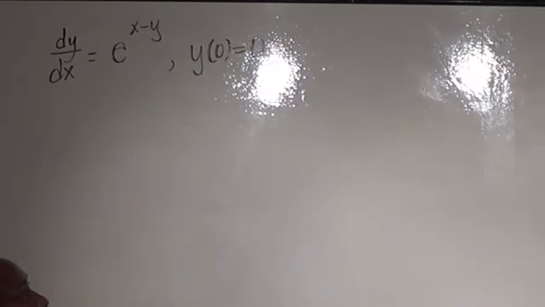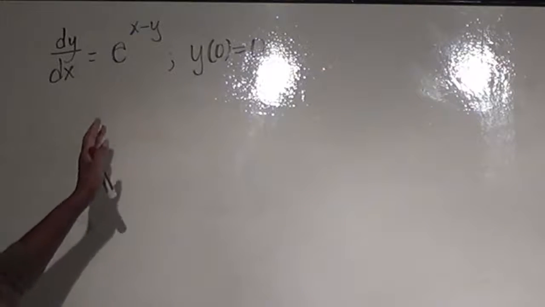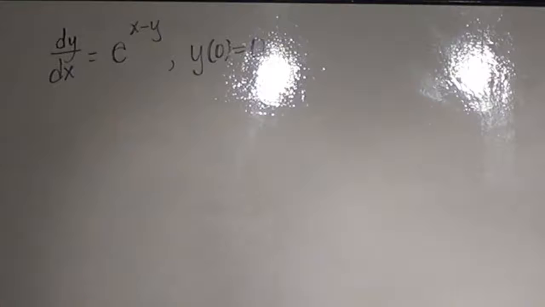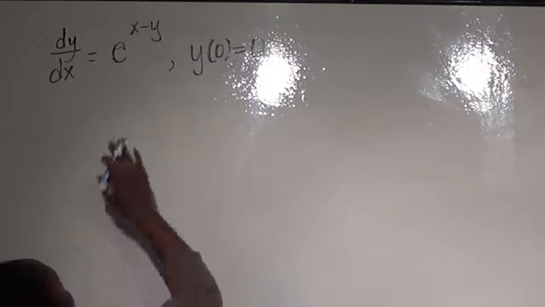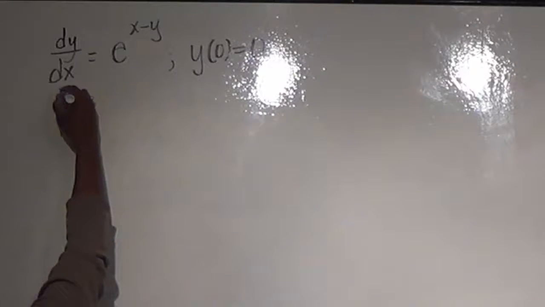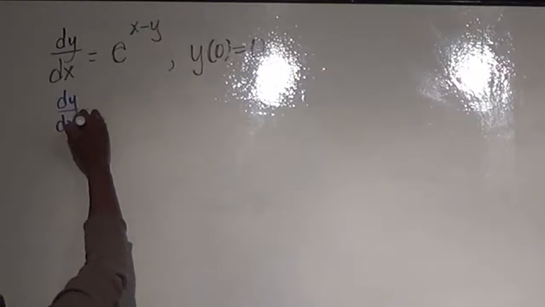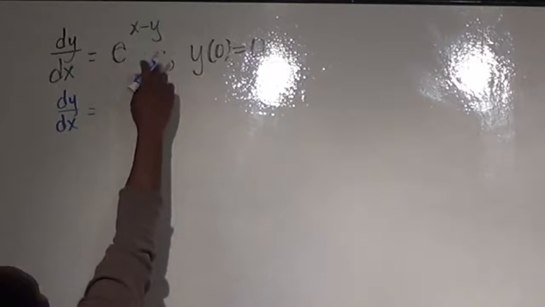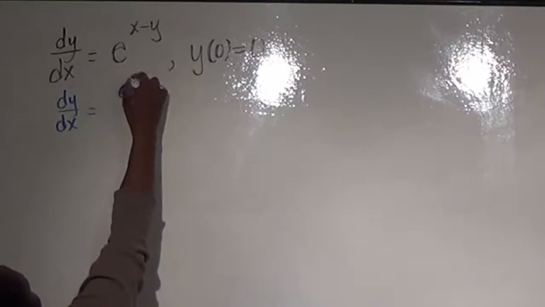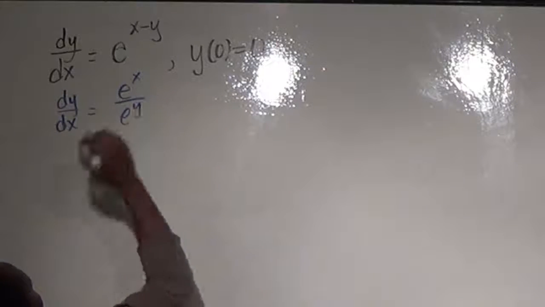Now, unlike the last one, I can't just divide out right away because, again, I have x's and y's on both sides. So here we need to use some exponential properties to rewrite. So dy dx, e to the x minus y is the same as e to the x divided by e to the y.